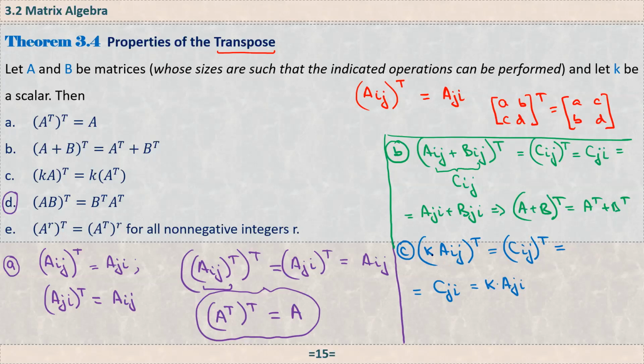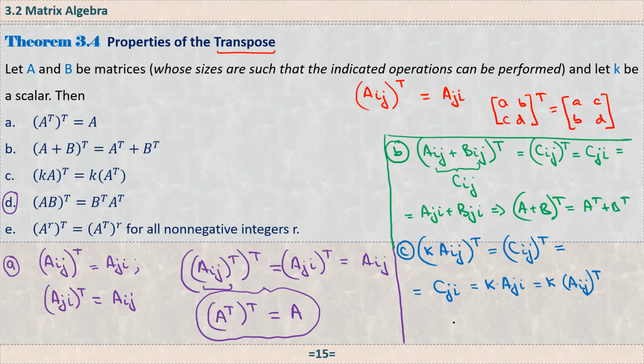Because here every entry is multiplied by k, that means the new matrix entry Cji is also that entry of A multiplied by k. So it is equal to k times, what is Aji? Again, by using the definition of transpose, that's just equal to Aij transpose. So again, it works for every value of i and j.